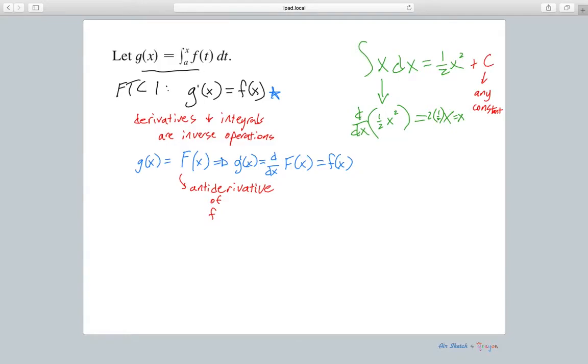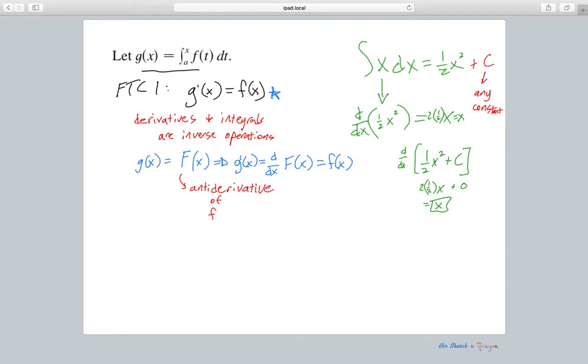And the reason is, if I have 1/2 x squared plus some constant c, when I take the derivative of that, that's still just going to get me back to x, because the derivative of a constant is 0, right? So that still just gets me back to x.